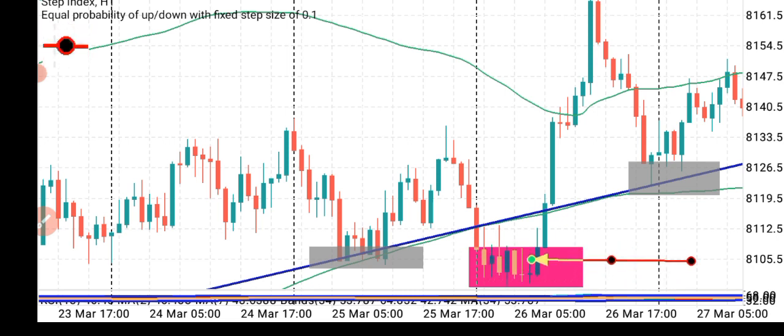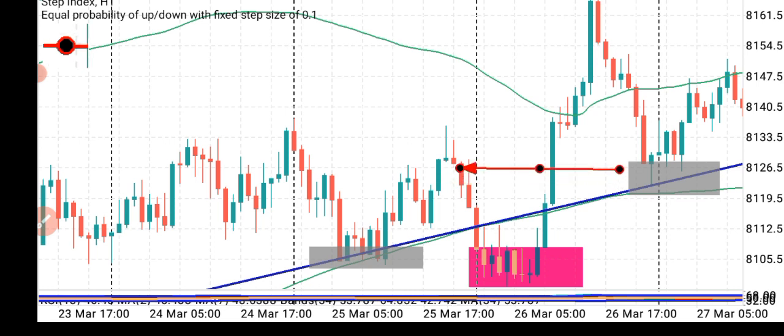The inducement here, you can see this is an inverted hammer. So this rejection gives you hope and belief that, okay, price has retested this trend line and is giving us this type of candlestick pattern, and then you sell only for the price to reverse back.